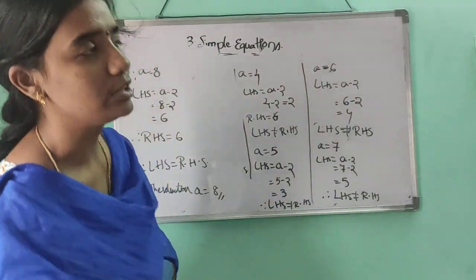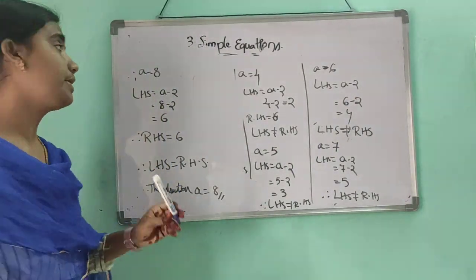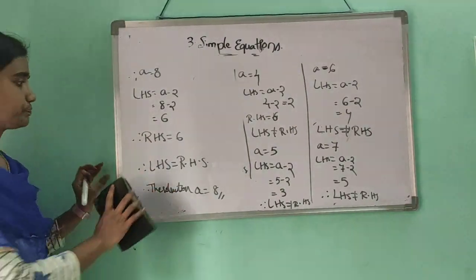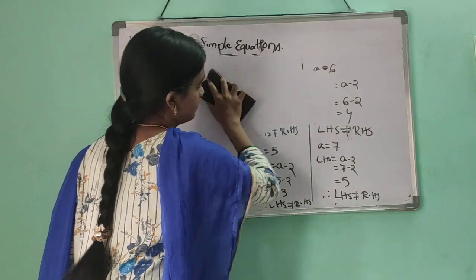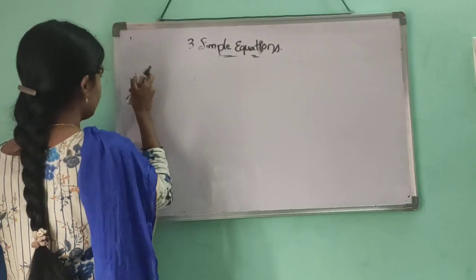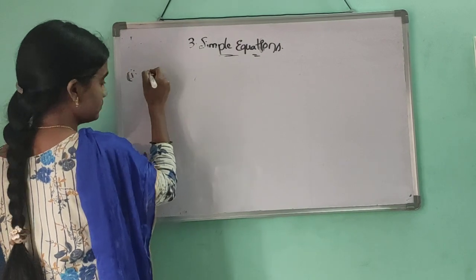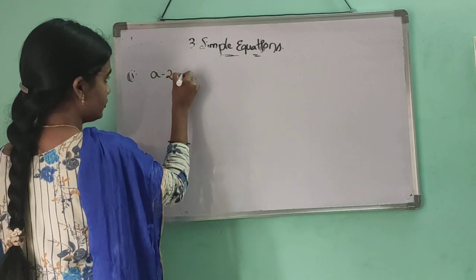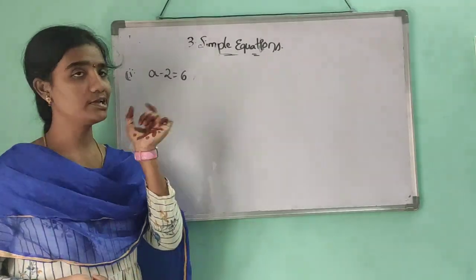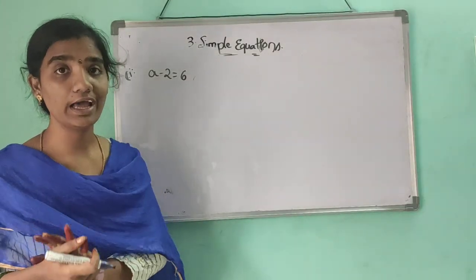In this problem also we can do it in another method. Observe. A minus 2 equal to 6. Here the variable is A, and we have to find the A value.